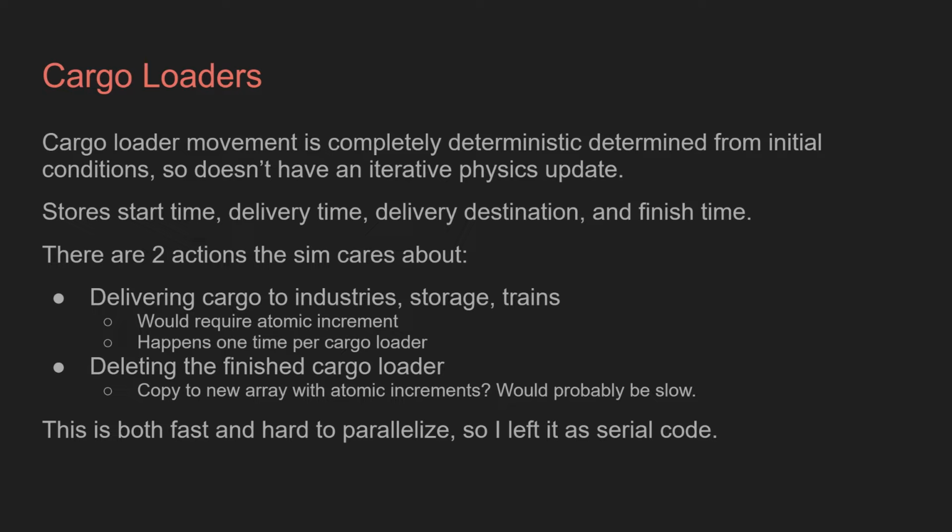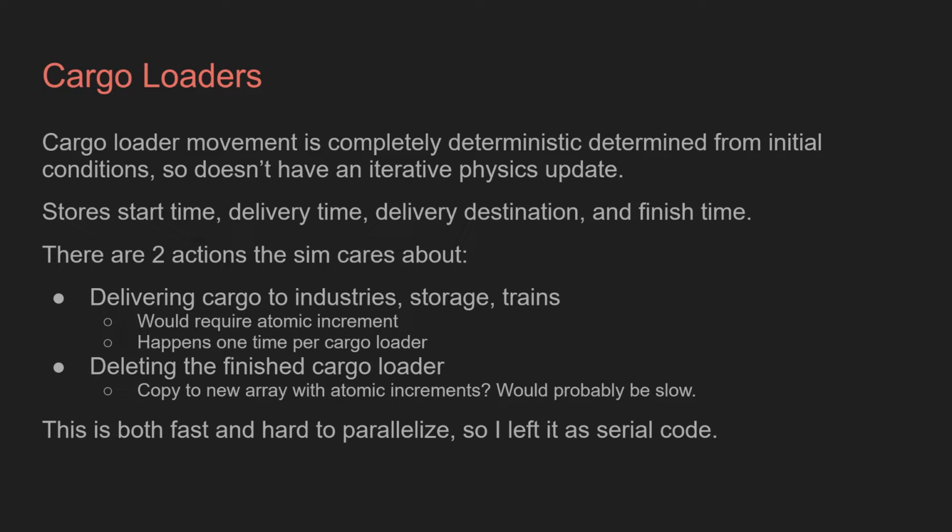This code isn't parallelized because, first of all, it's extremely fast. Most of the time you just loop through and do nothing, and even when you do need to do something, it's very simple. It's basically just incrementing a resource counter. Also, it would be excessively hard to parallelize. Delivering cargo is actually not too bad because that would basically just have an atomic increment.